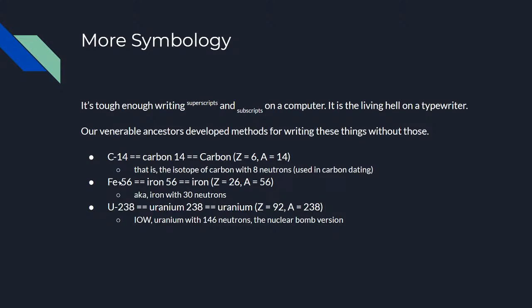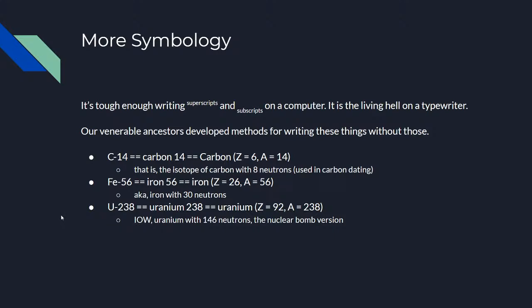Similarly, iron 56 means iron with 30 neutrons. Or uranium 238. Uranium has an atomic number of 92, a mass number of 238. Therefore, 238 minus 92, we're looking at uranium with 146 neutrons. That's the nuclear bomb kind of uranium.